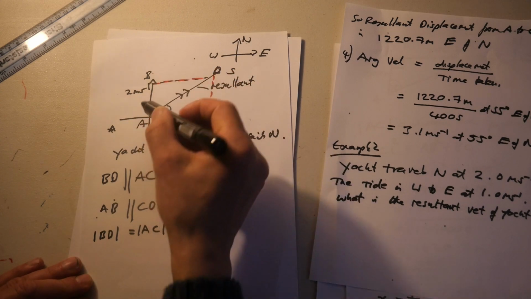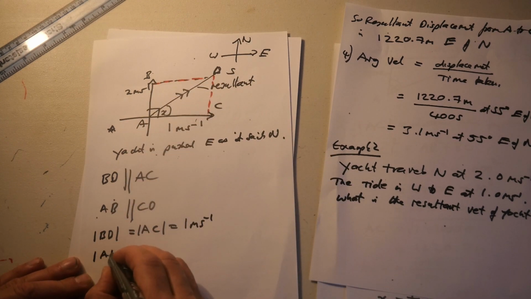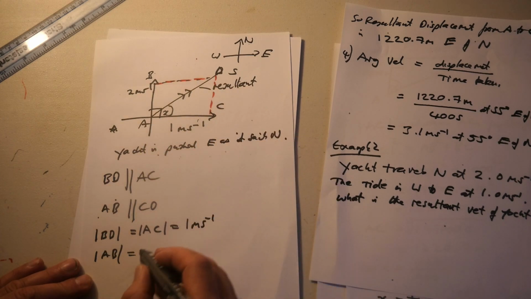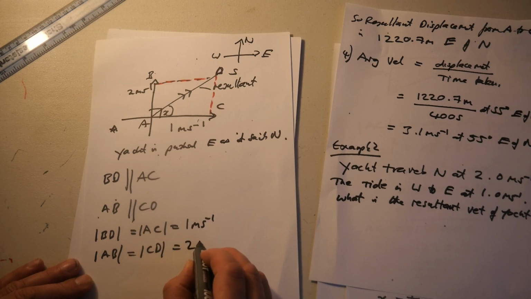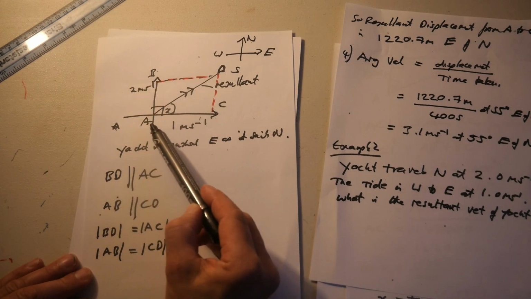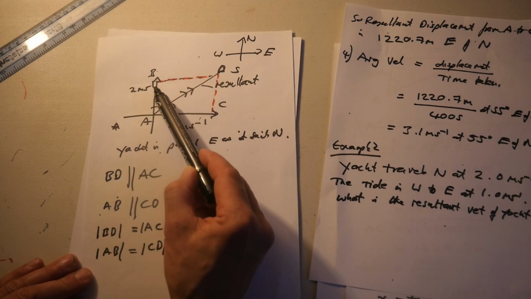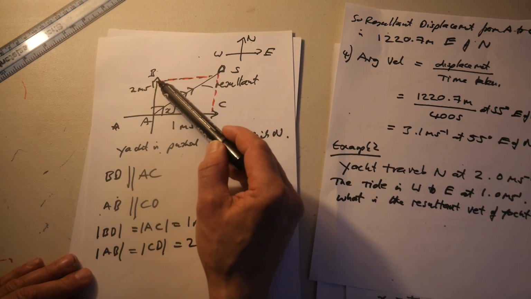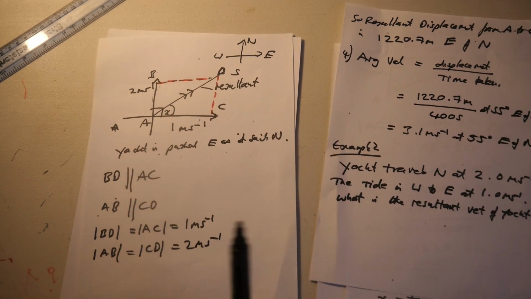And the magnitude of AB, you write magnitude as these two bars either side, equals magnitude of CD, which equals 2 meters per second. Okay? So those lengths are parallel, these lengths are parallel, length of that equals length of that side equals length of that side, okay?